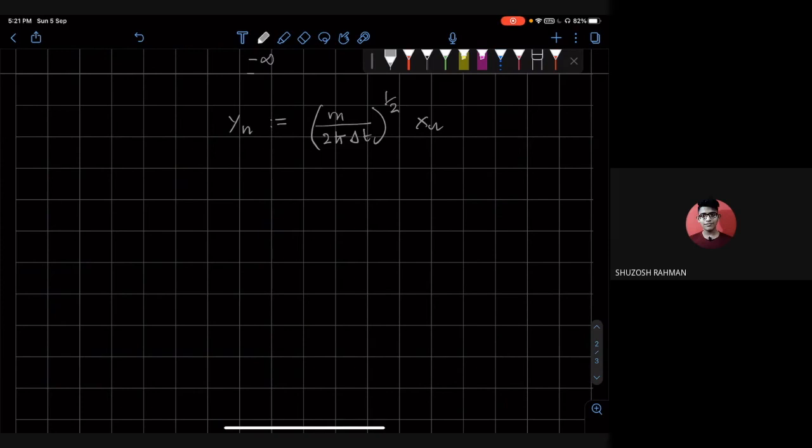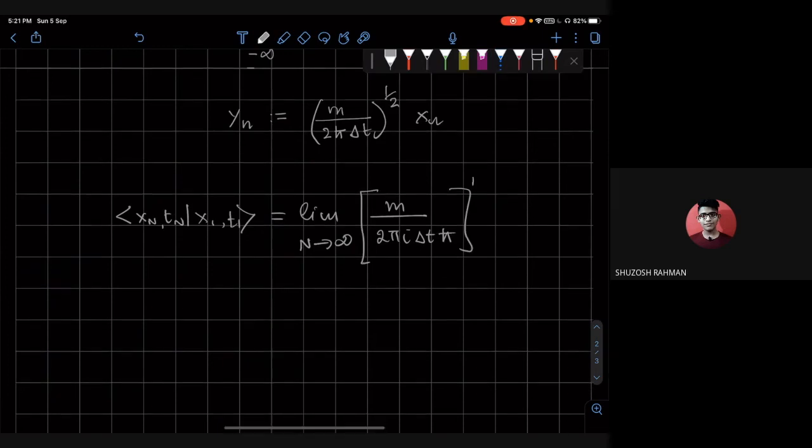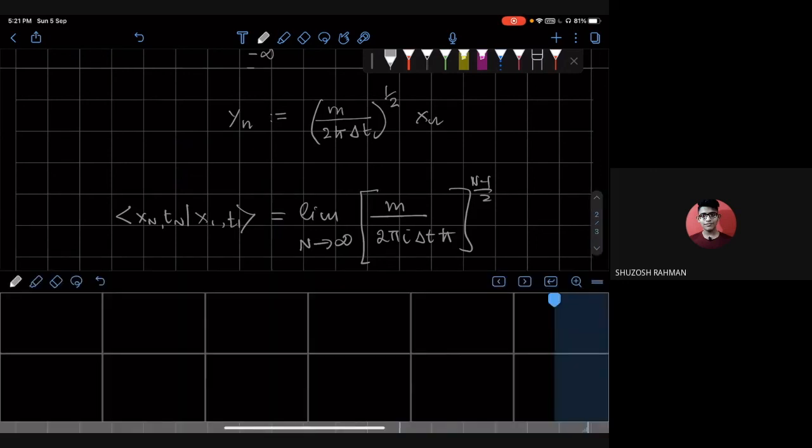Now if I express my path integral in this new variable, I get from x1 t1 to xn tn the usual constant, which is m divided by 2 pi i delta t h bar to the power n minus 1 over 2.